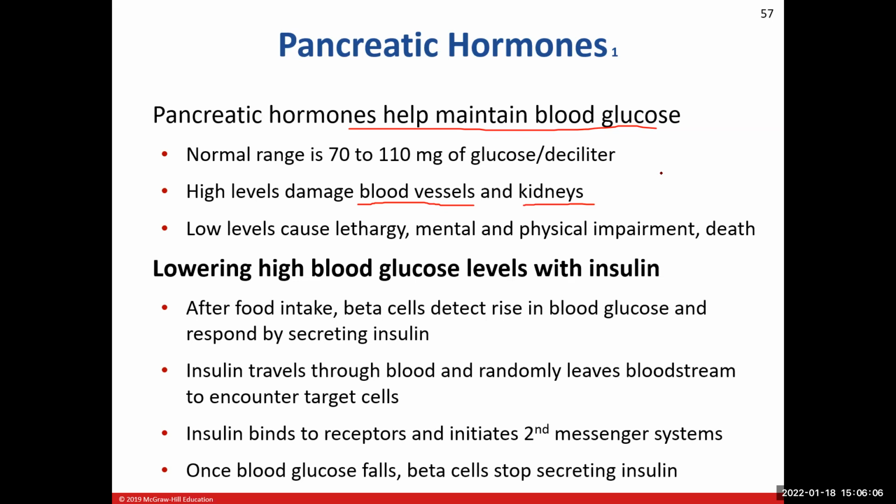Possible amputation. Okay, that's not good. So high levels of blood glucose can cause damage to the blood vessels and the kidneys. Low levels: tiredness, lethargy, mental and physical impairment, where these people are just out of it, might not even know, and God forbid, death. So it's important. So let's talk about it.